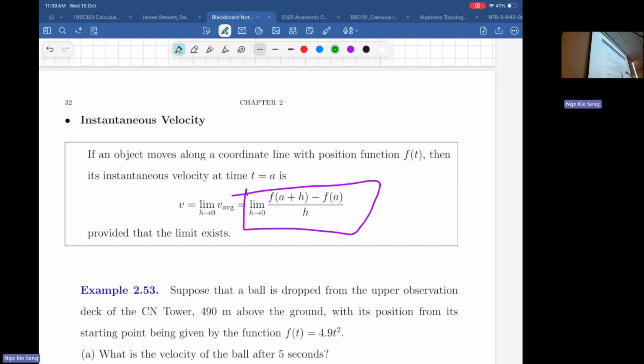It could be done using this tangent, this limit of secant gradient. Because we are looking at the limit of the average velocity, which is final displacement minus initial, divided by time. So this is the limit of the average velocity. It's the instantaneous velocity. At that point, what's your speed?